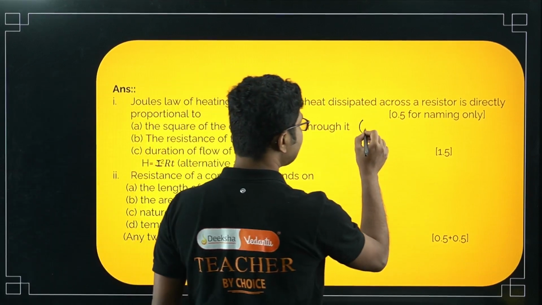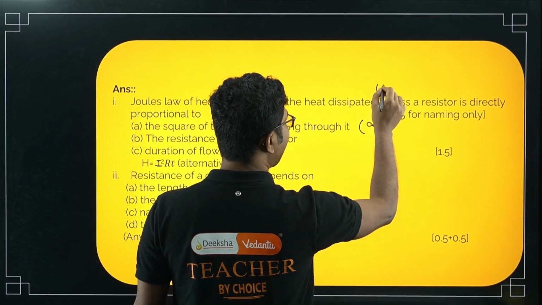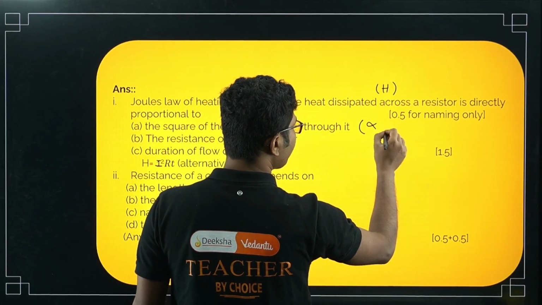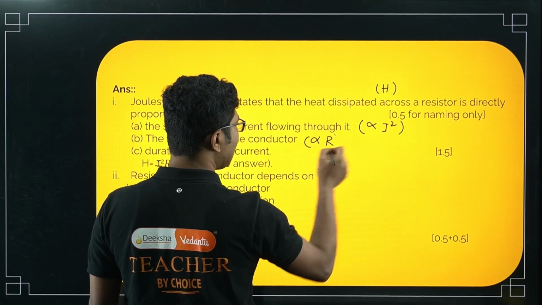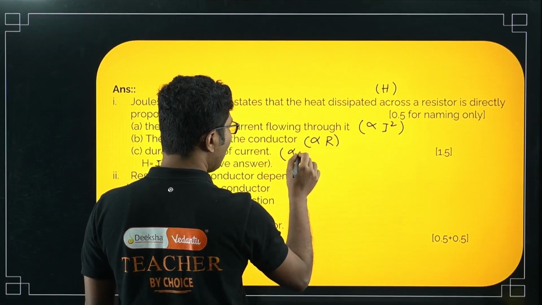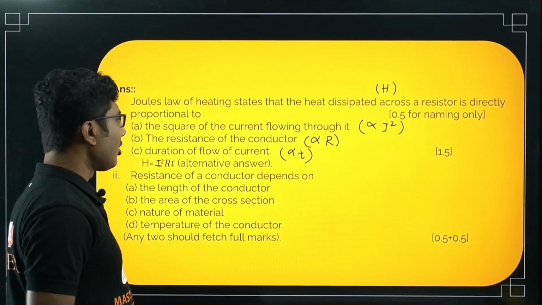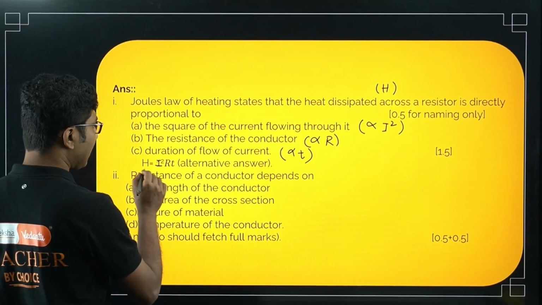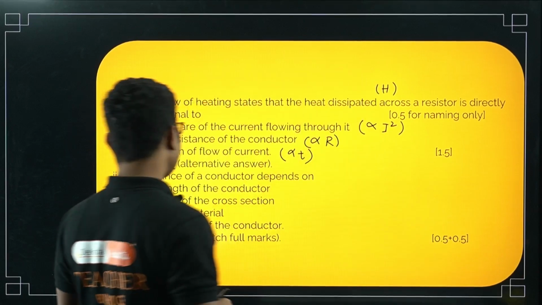So basically it says that the heat generated, you can mention H in brackets here, is proportional to I square. It is proportional to resistance, and proportional to time t. This is the first part of the explanation, and the second part is H is equal to I square R T. Okay, so that is the alternative answer.